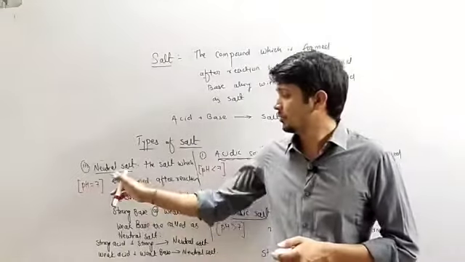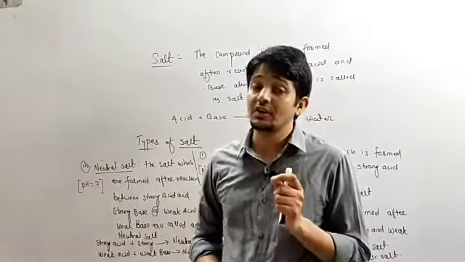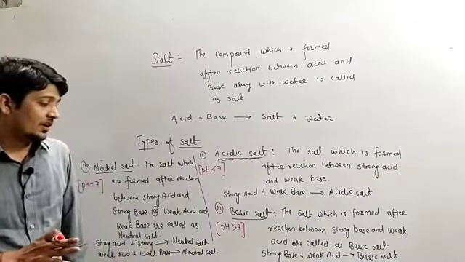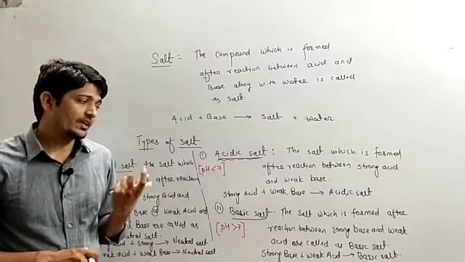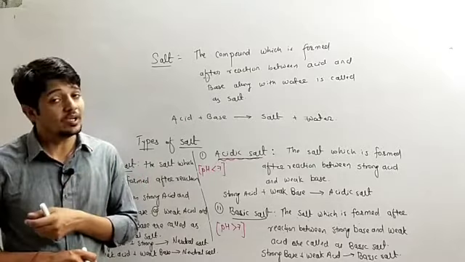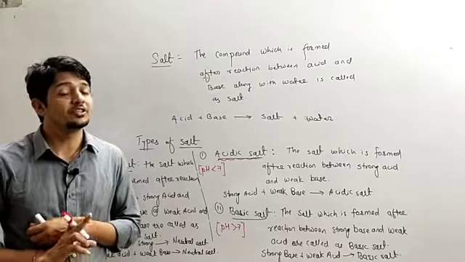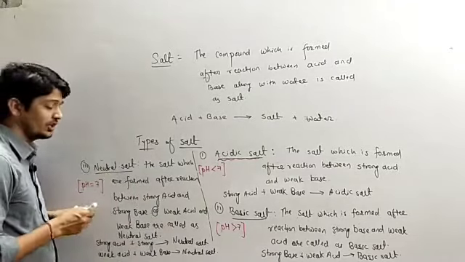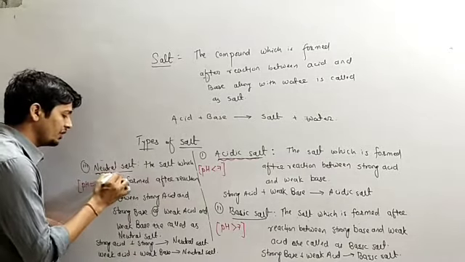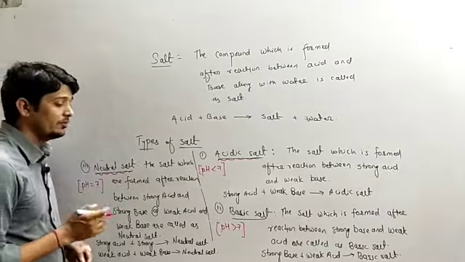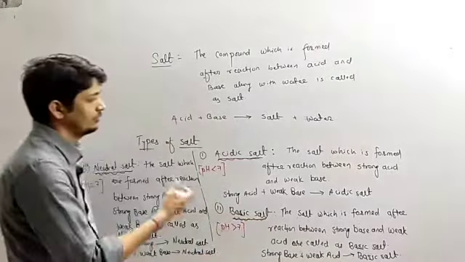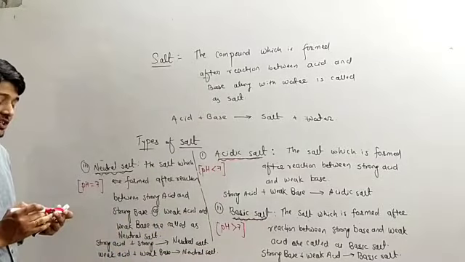If we will discuss about the neutral salt, what are neutral salt? Those salt, they are formed between the reaction of weak acid and weak base, or strong acid with strong base. Then the salt which are formed will be the neutral salt. So if you want to write, you can write, because this is very important part on the types of salt. Okay, so you can write or take a screenshot.